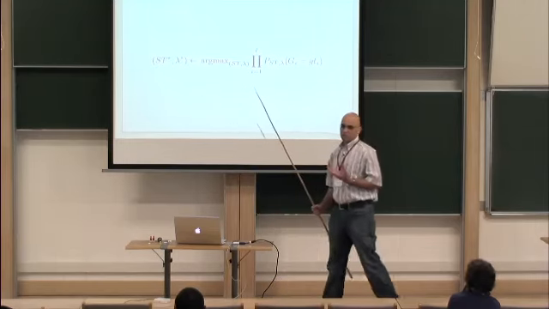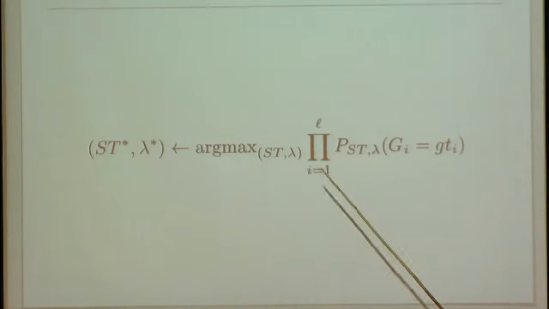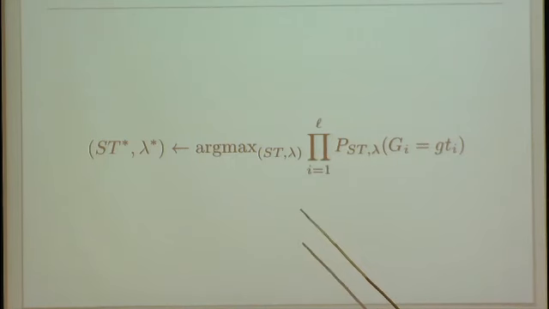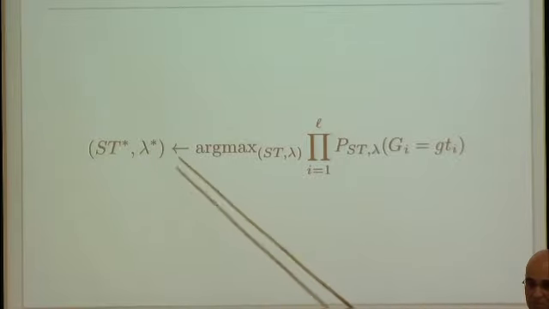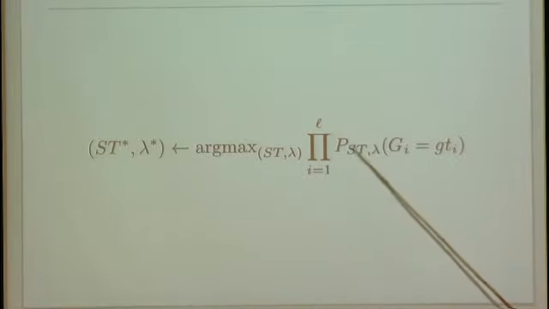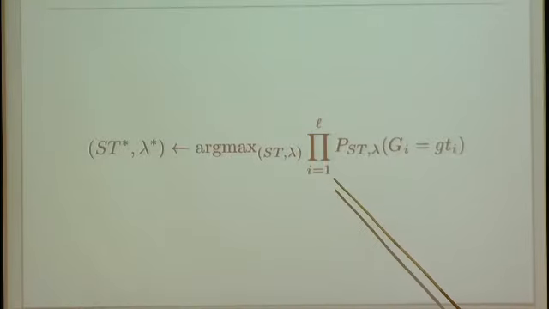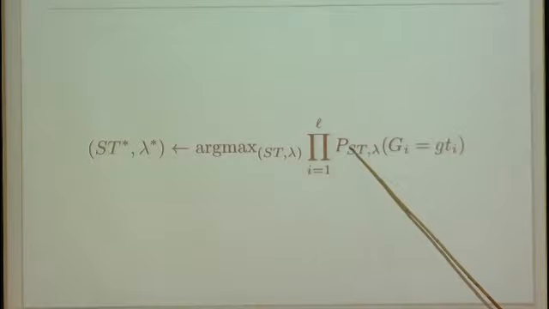So using this concept of coalescent histories and probabilities of gene trees, here's one likelihood setup for computing the species tree. Basically, we are interested in the species tree and its branch lengths that will maximize the product of the probabilities over all gene trees. Here, of course, the assumption is that the loci are independent, and therefore the probability of the set of gene trees is the product of the probability of each one of them.